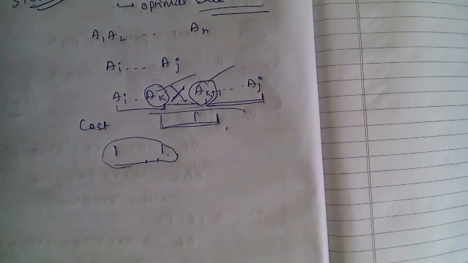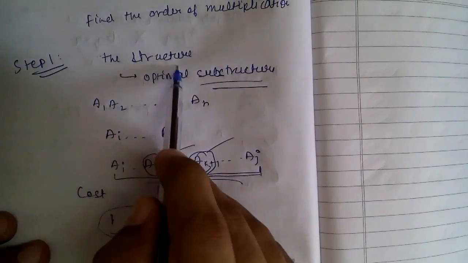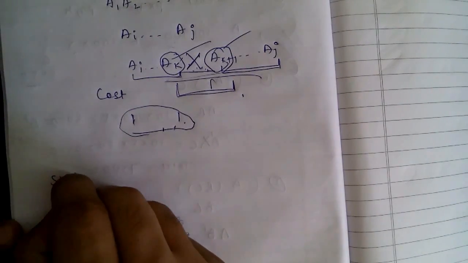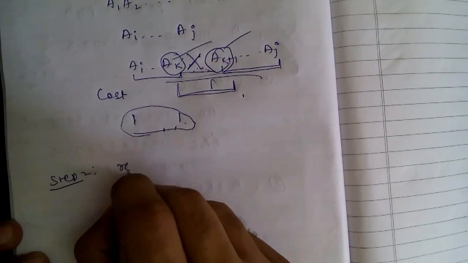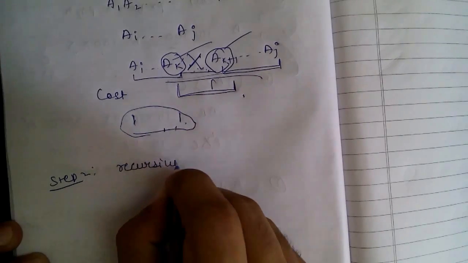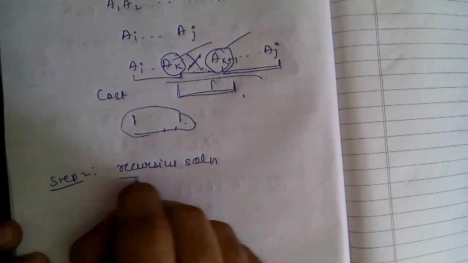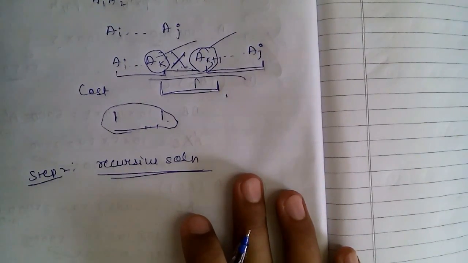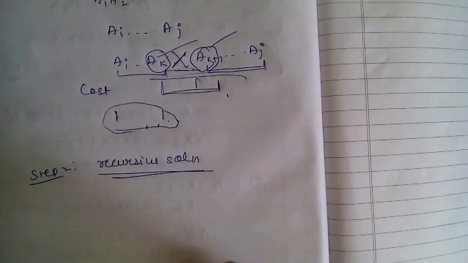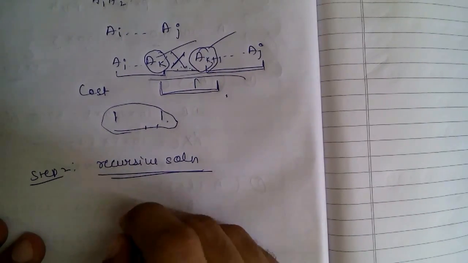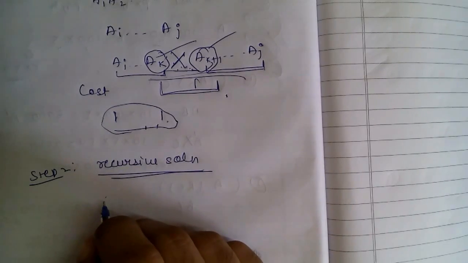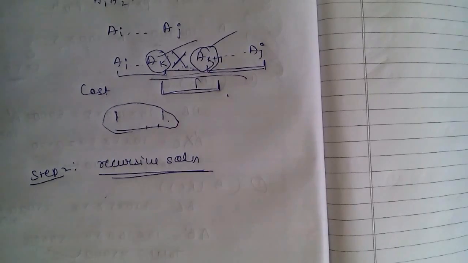Now, the second step in dynamic programming after finding the structure of the problem is to find a recursive solution of it. Step 2, solution. Okay, so our goal is to minimize the cost, and we are having these matrices.